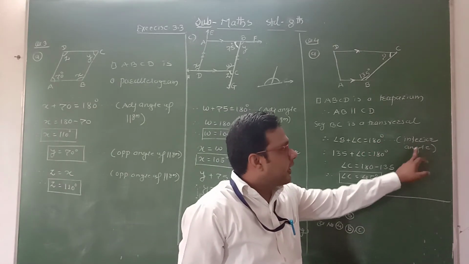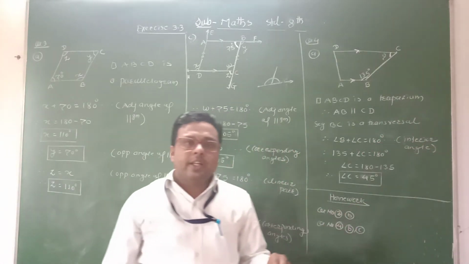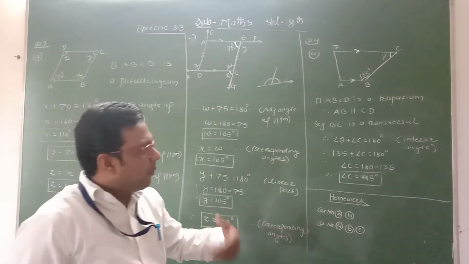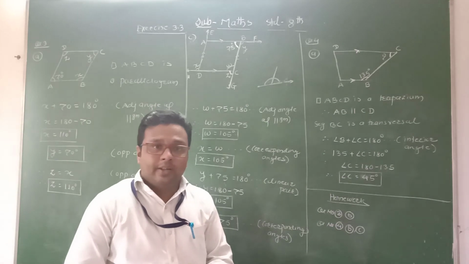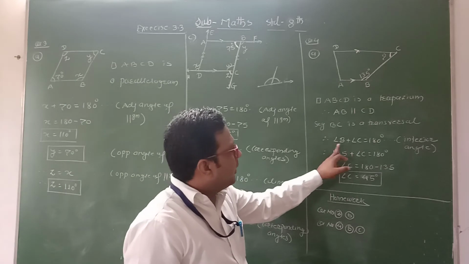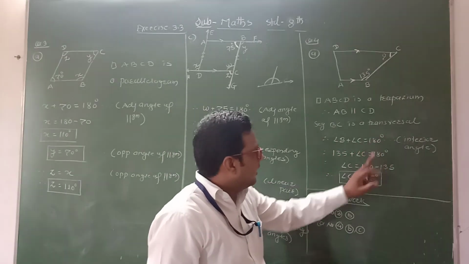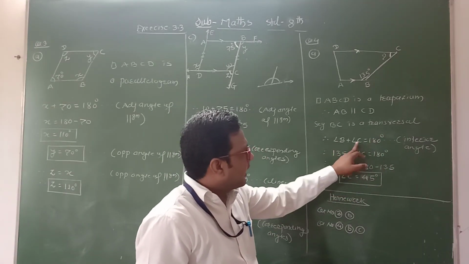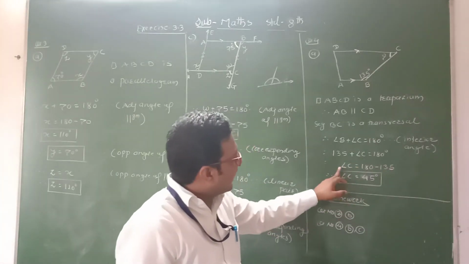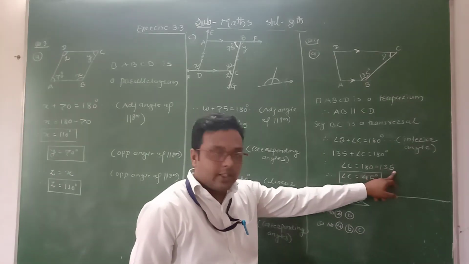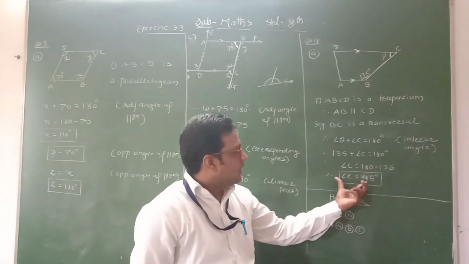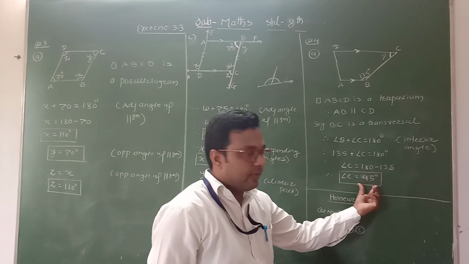Here I write interior angle property: the interior angles formed by the parallel lines are supplementary. Supplementary is what? 180 degrees. Angle B is 135, angle C that we have to find out, the sum is 180 degrees. Then angle C is equal to 180 minus 135. Angle C is equal to what? 45 degrees. This is the measurement of angle C, 45 degrees.